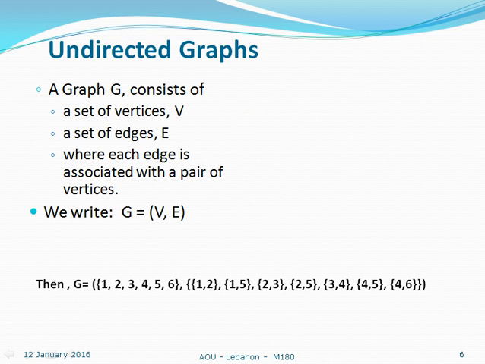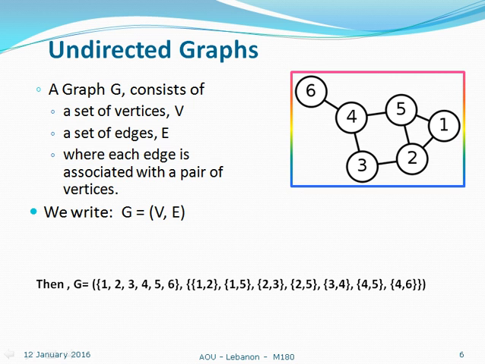So let us say this is a graph G, where G is a set of vertices and edges. We can write the vertices as a set: V = {1, 2, 3, 4, 5, 6}.